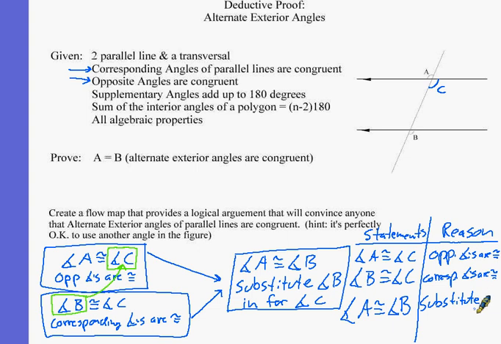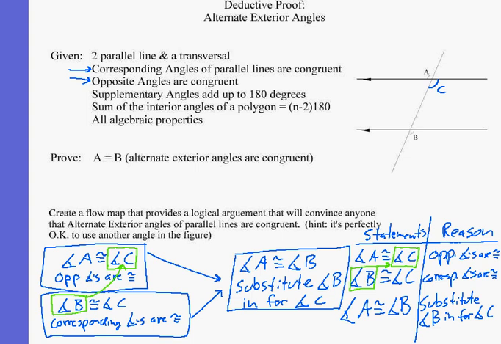We're going to substitute. I do like not just saying substitution property, but actually saying what you are substituting in where. So we can say substitute angle B in for angle C. And I find that a little bit more clear. And you can still diagram this. Right, here's your angle C, here's your angle B. This is the substitution that you're doing.